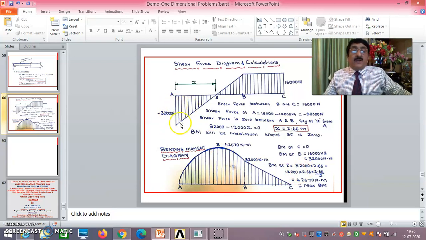Here, from here you take, bending moment at this is RA.